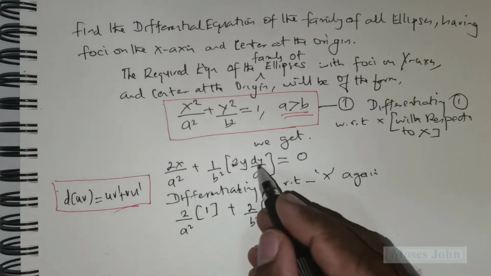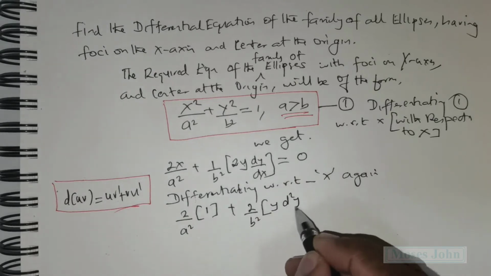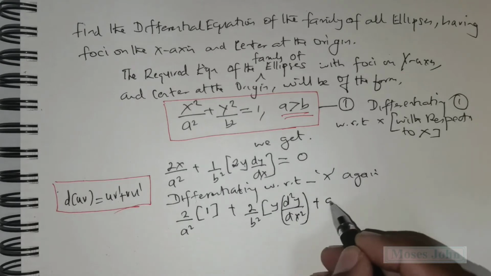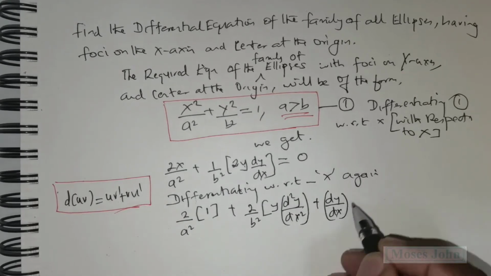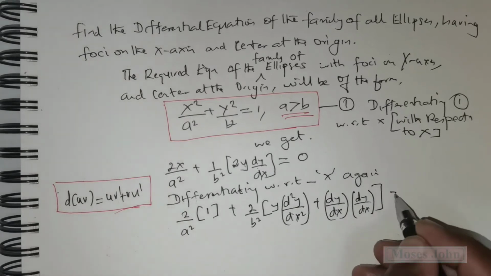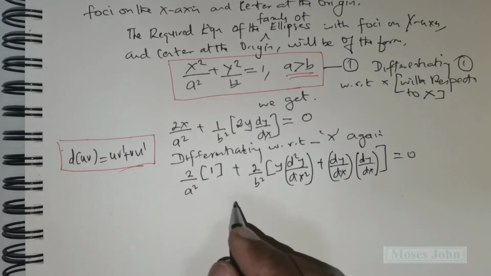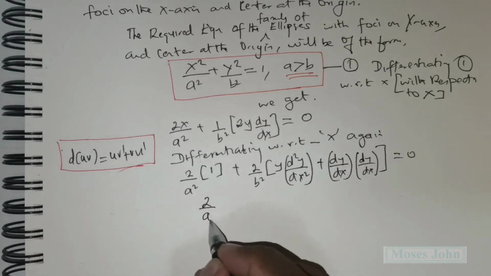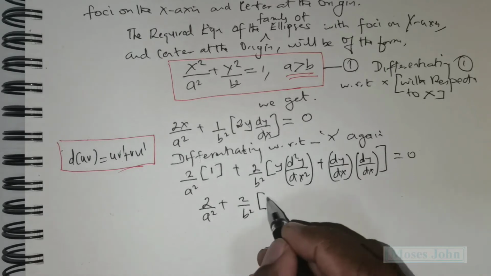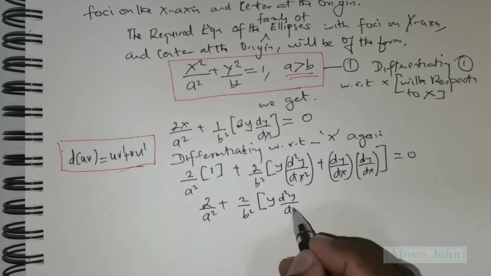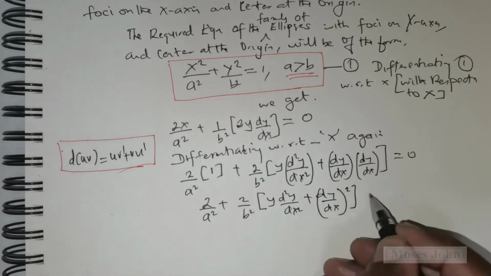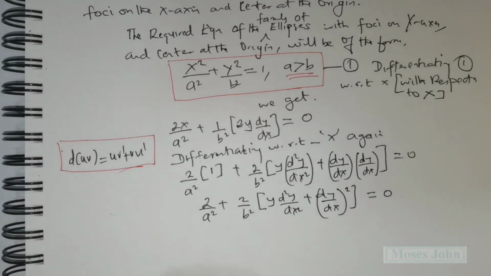So y times differentiating dy over dx will give us d squared y over dx squared, plus differential of y would give us dy over dx times the existing dy over dx. This is equal to 0. Now rewriting this would give us 2 over a squared plus 2 over b squared of y times d squared y over dx squared plus dy over dx raised to the power 2 is equal to 0.